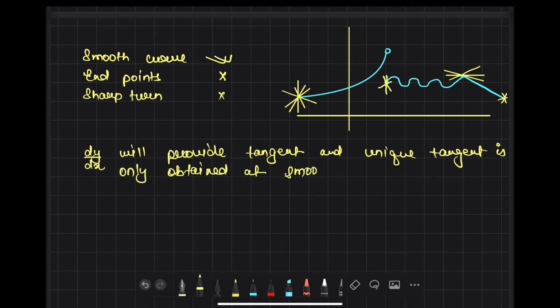This you have to keep in your mind. Smooth curve. Okay, so you can drop a unique tangent on a smooth curve only.